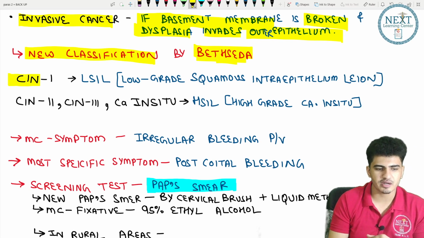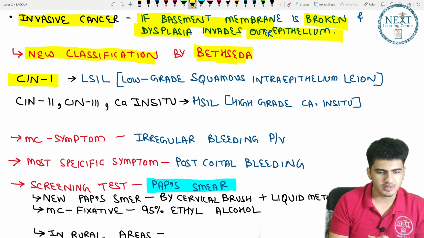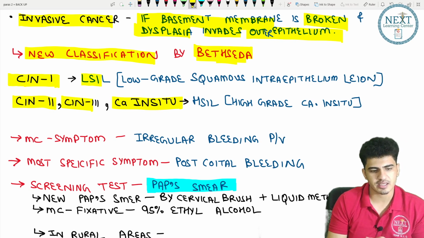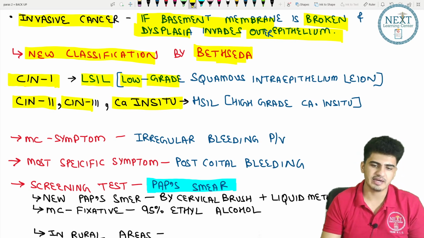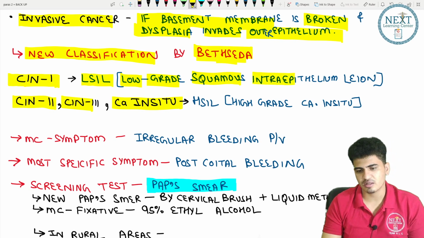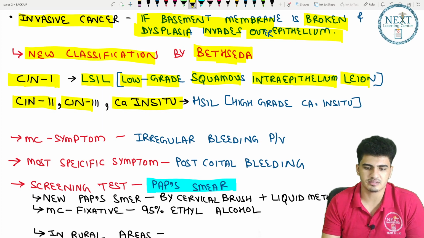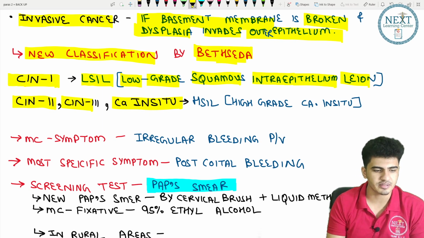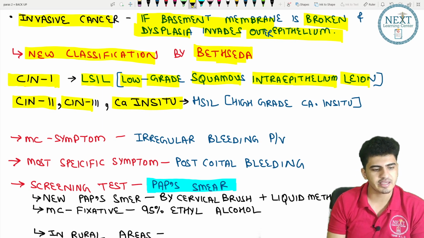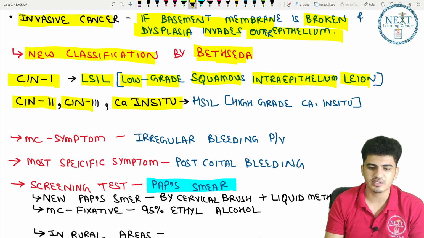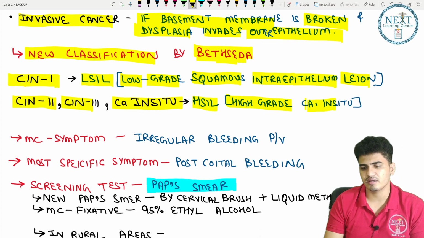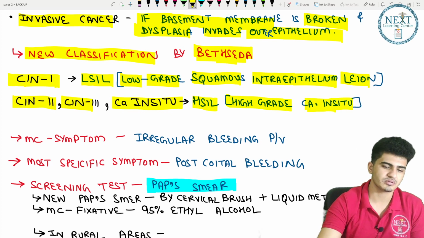Guys, remember CIN 1 is LSIL, low grade squamous intraepithelial lesion. CIN 2, 3 and carcinoma in situ are separate: it is HSIL, high grade squamous intraepithelial lesion.